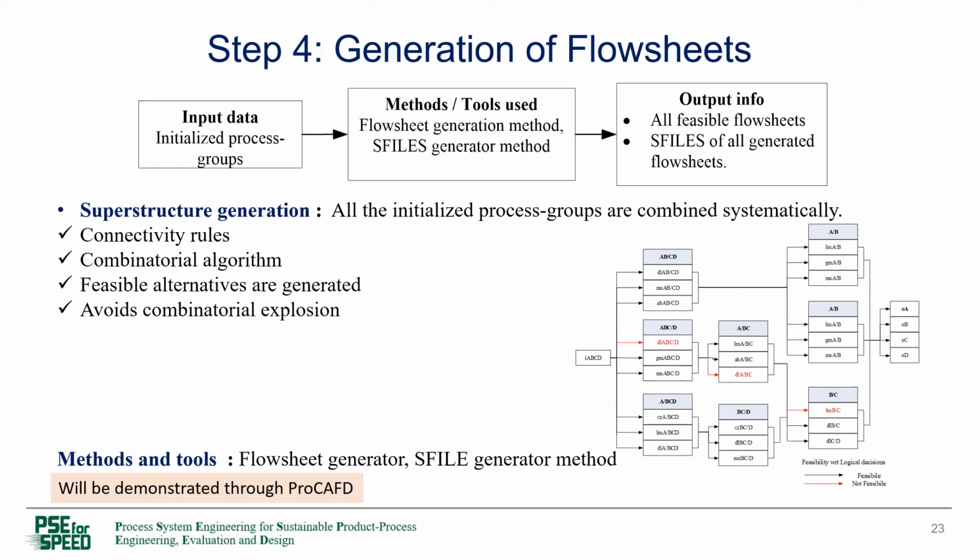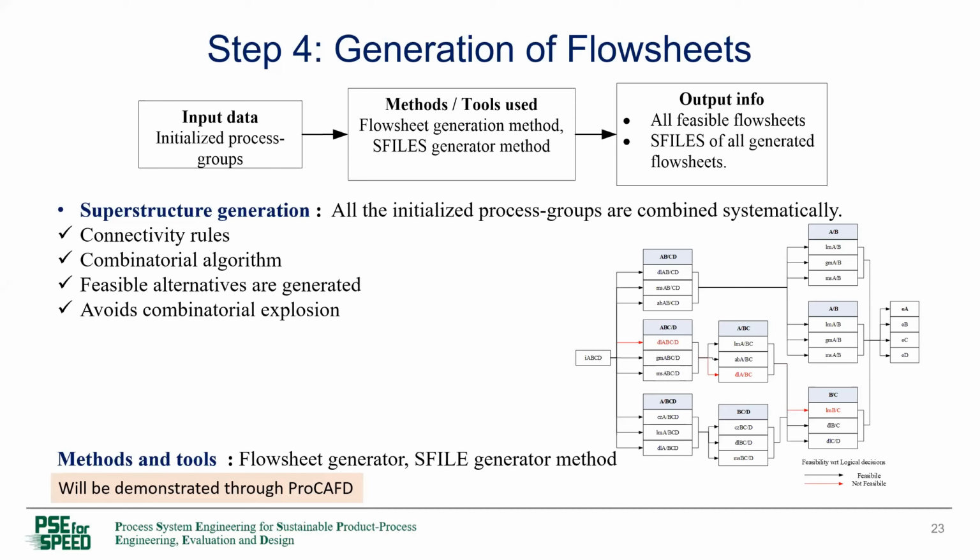And as soon as we have this, we also generate what is called an S file. An S file is similar to the SMILES of a molecule. With the SMILES information, we know the molecular structure, we can draw the molecule, we know the atomic groups needed. With the S file, we will know the process groups that are needed, and we will be able to draw the flow sheet.